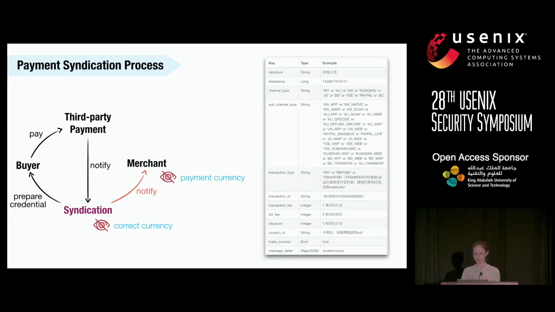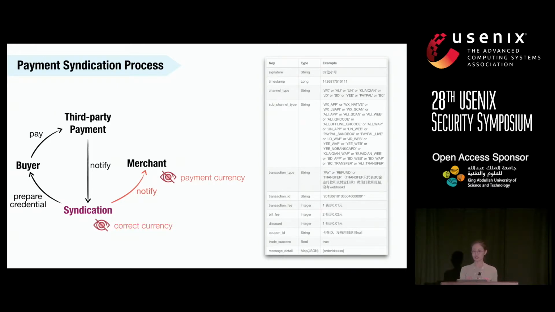And in the implementation interface screenshot from the syndication's documentation, it explains every parameter the merchant will receive in the notification from the syndication. But after scanning them, we find there is no currency parameter in it. That means the merchant doesn't receive the payment currency, so he can't achieve the security requirement. In the payment process, the syndication doesn't receive the ground truth either, so it can't achieve the security requirement either.